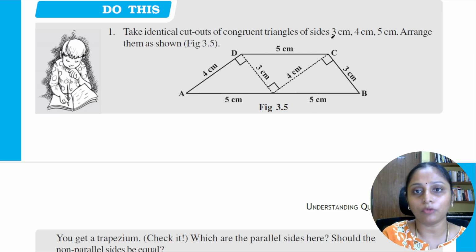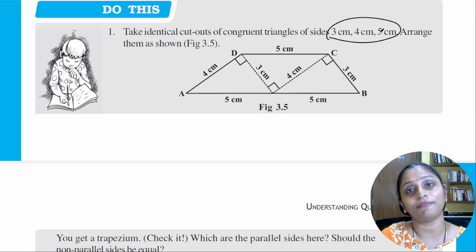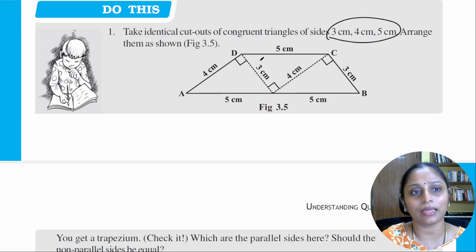Here I would like to bring to your notice that this is nothing but a right angle triangle, as mentioned in the figure. How do we know that? Because this is a Pythagorean triplet, where 3 square plus 4 square gives you 5 square. Therefore it is a right angle triangle, and since it is a right angle triangle, constructing and taking the cutouts is going to be quite easy for us.